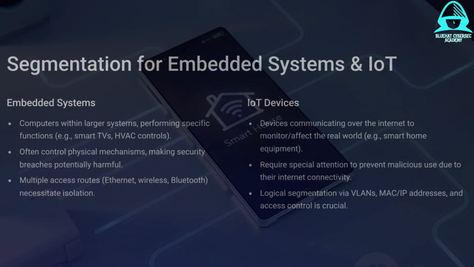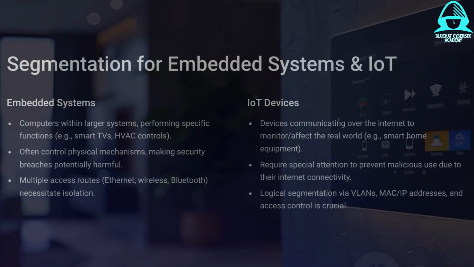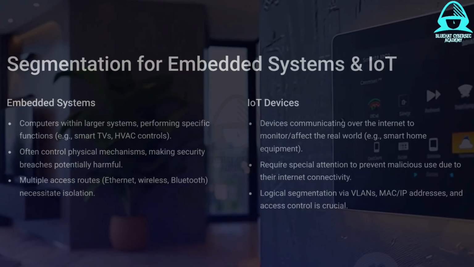The Internet of Things, or IoT, refers to devices that communicate over the Internet with each other, or with a control console to monitor and affect the real world. IoT devices often include smart home equipment and industrial environmental control systems adapted for consumer use.